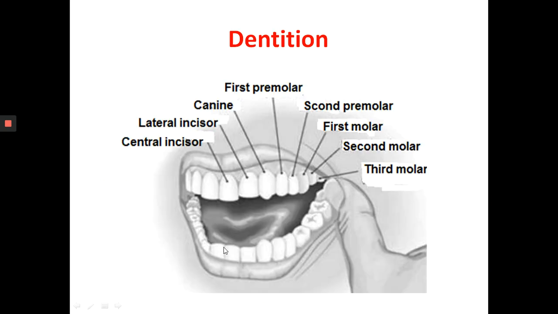That is it. Two incisors on each side of the jaws: central incisor, lateral incisor, then canine, first premolar, second premolar, and three molars. One, two, three.